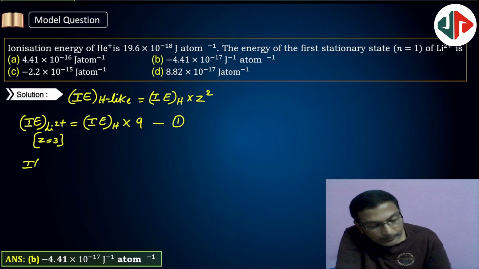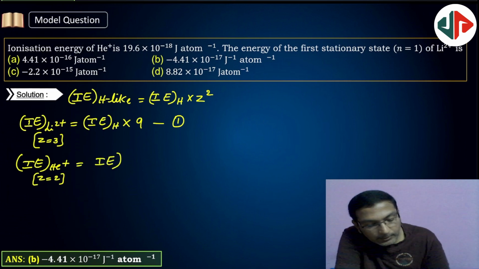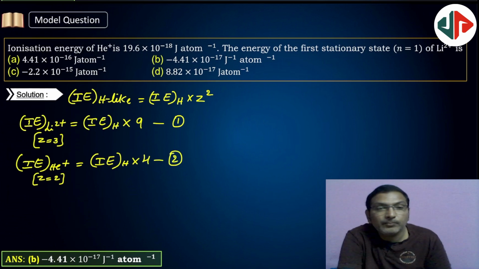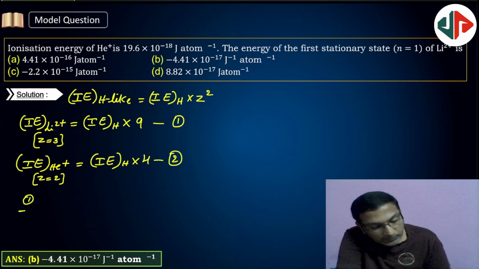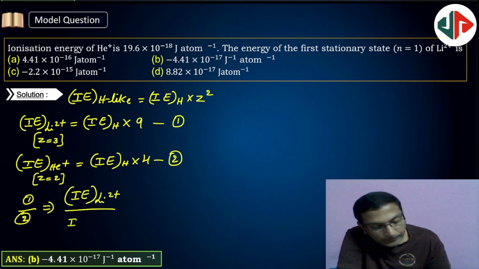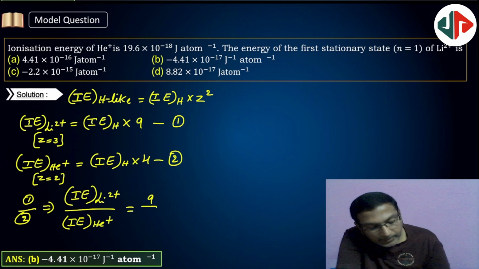Similarly, for He plus, Z equals 2 here. So ionization energy of hydrogen into 4. So this is expression 2. So expression 1 by 2 gives ionization energy of Li2 plus by ionization energy of He plus will be equal to 9 by 4.